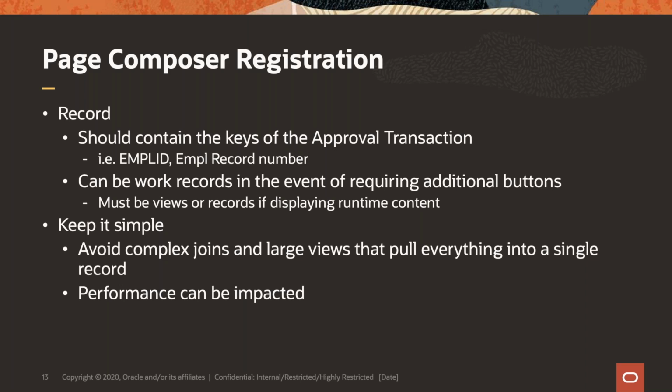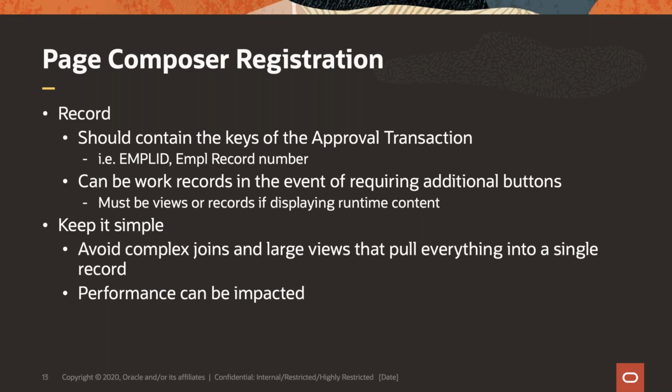So the Page Composer registration that we deliver with Fluid Approvals covers all, or almost all, of the approvals that are delivered by Oracle. You also have the ability to add your own.